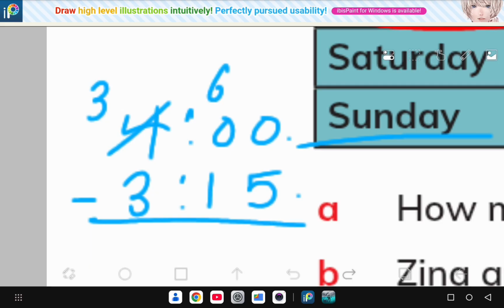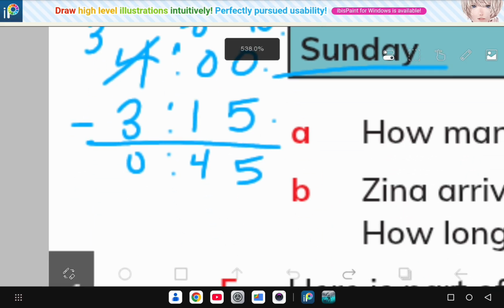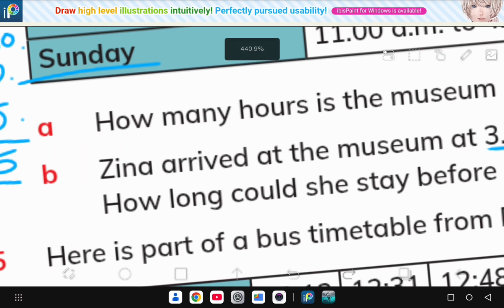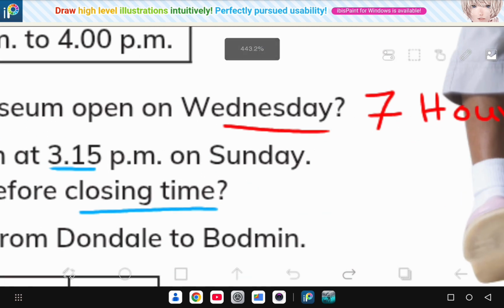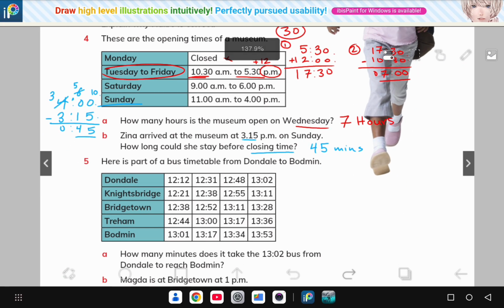So the 0 will be 6. And I will take from the 6, so I can give to this 0, it will be 5, and this 0 will be 10. 10 minus 5 is 5. 5 minus 1 is 4. 3 minus 3 is 0. How many minutes? 45 minutes. My smart students will be like, I told you so. 45 minutes.